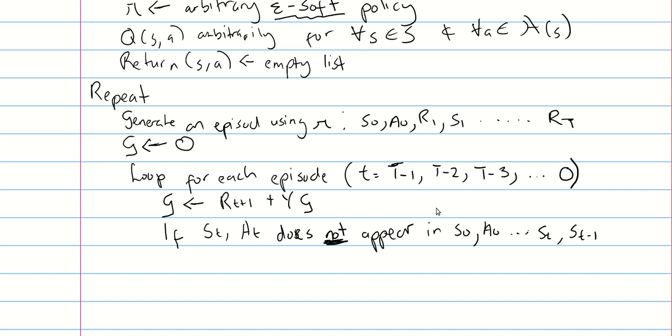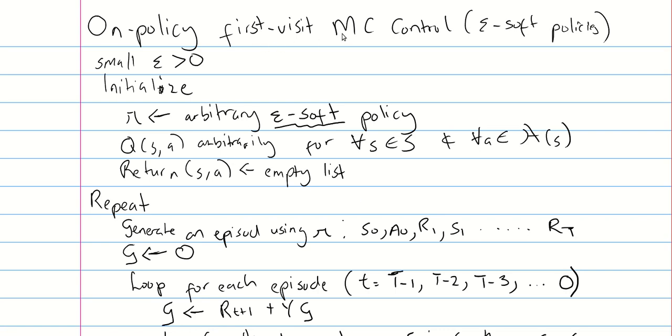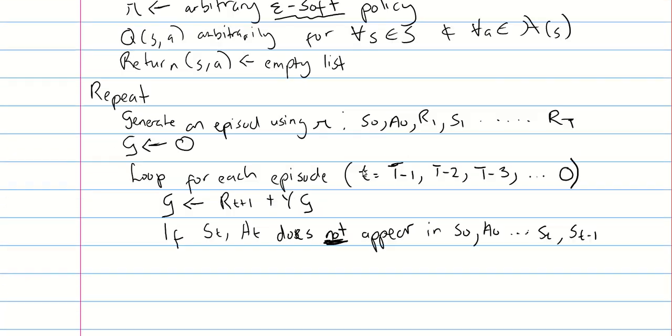If we look back up here, we're doing first visit Monte Carlo. So we want to find the first instance that we encountered the state. Since we're looping in reverse, if we start at some later time step, we should not find the state action pair in the previous time steps, because if it appears in a previous time step, then we're not dealing with its first visit yet. So this is why that is.